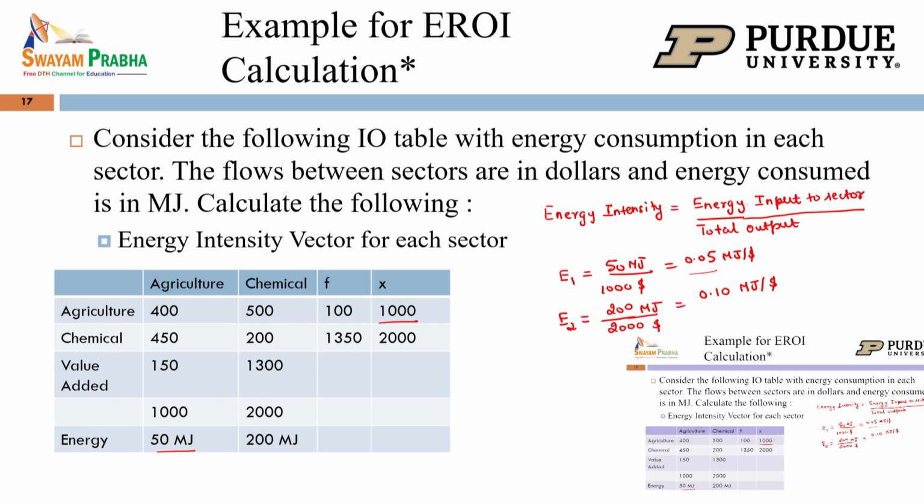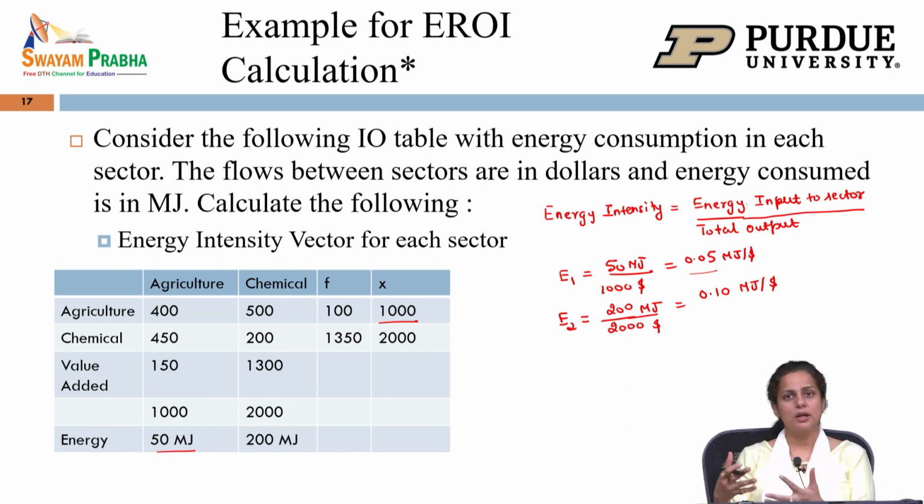So, if you have a new final demand, you can calculate the total life cycle throughflow and then multiply by this energy intensity to get the total energy consumed. That energy is the processing energy, because it is energy input going into the functioning of those sectors. If you know the fuel value of the product, then you can calculate the energy return of investment.